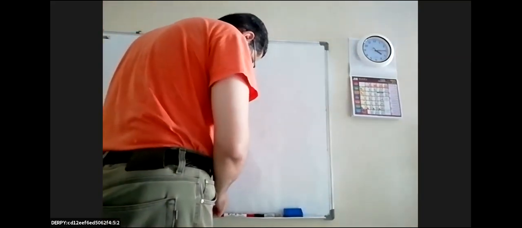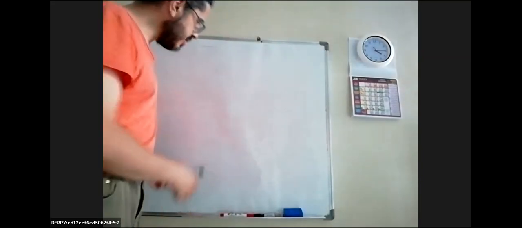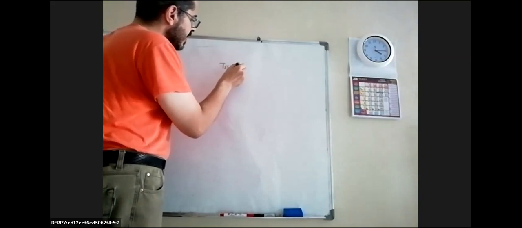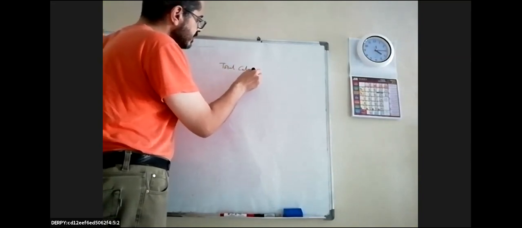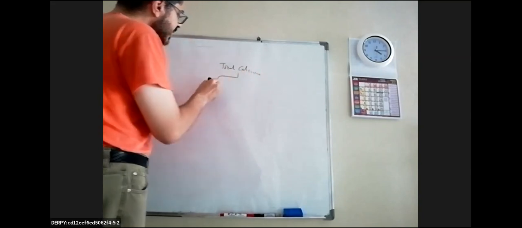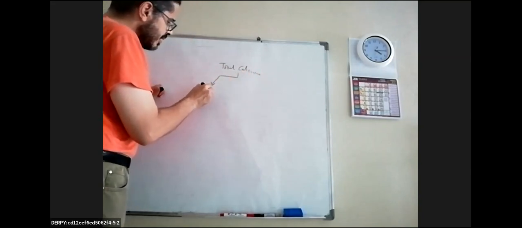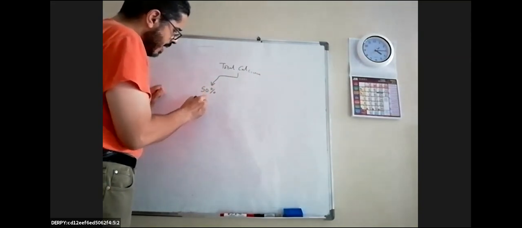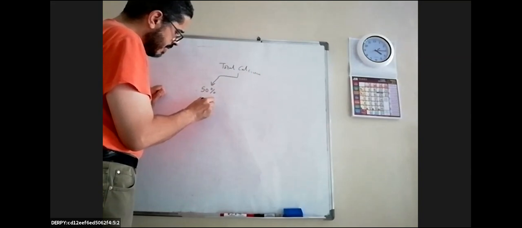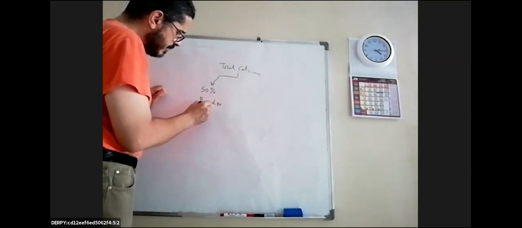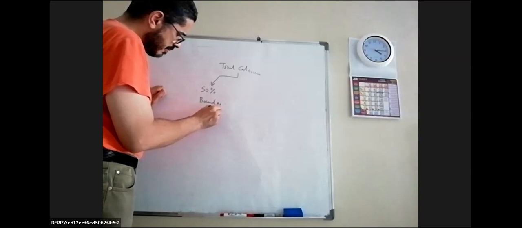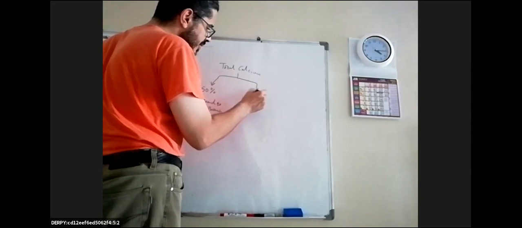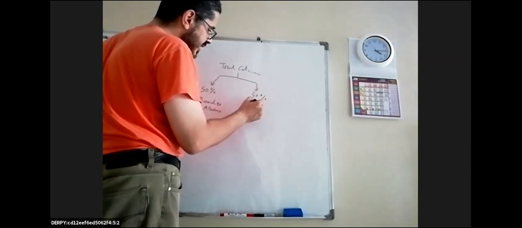You see, total calcium: we have 50% bound to albumin, and we have 50% free.